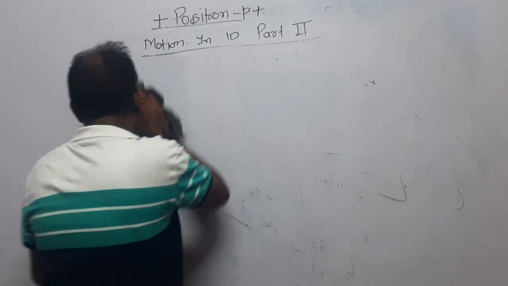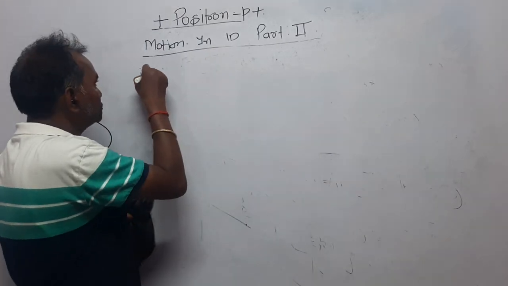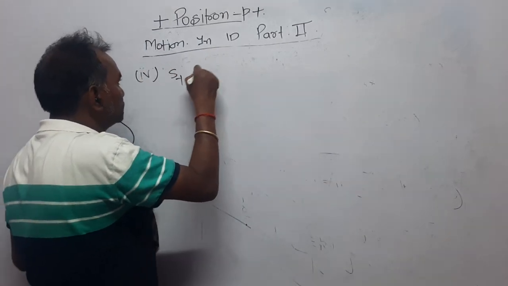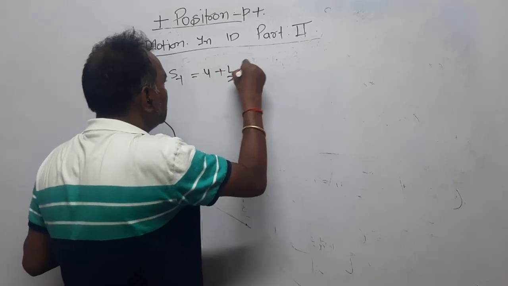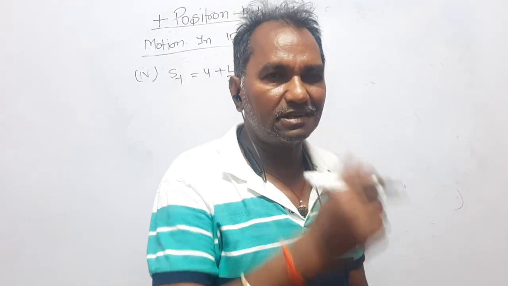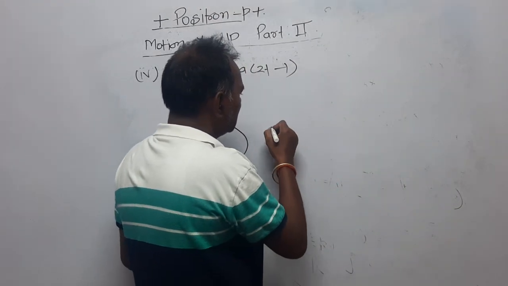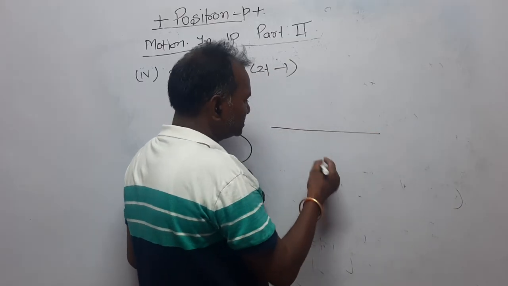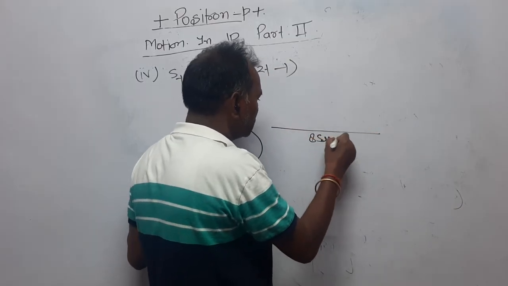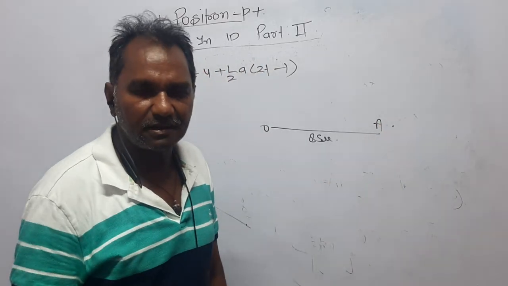Dear students, let's move on. The fourth equation of motion is s suffix t is equal to u plus half a into 2t minus 1. This is the distance traveled in the t-th second. What is the distance traveled in the t-th second? Let the body travel for 8 seconds. This much motion from O to A is the distance it covers in 8 seconds.